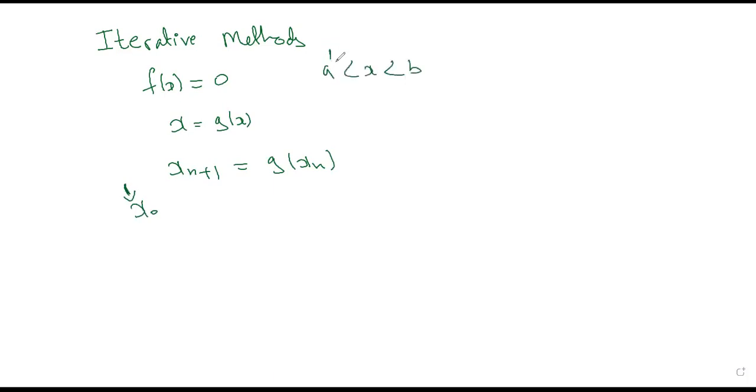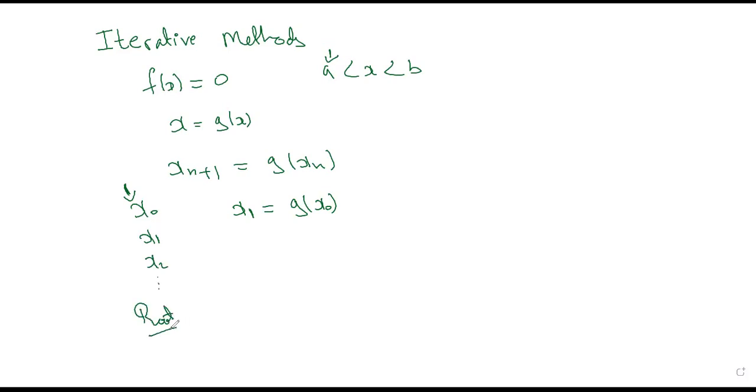So this would be your x naught. Once we have x naught, we can find x1. How can we find x1? Because x1 would basically be g of x naught. And once we have x1, we can find x2 and so on. And then we will end up getting a root.